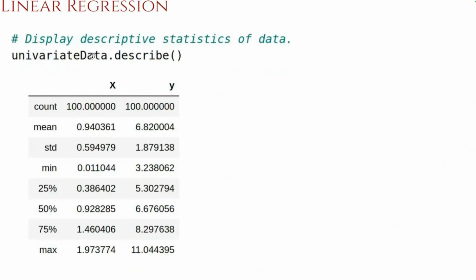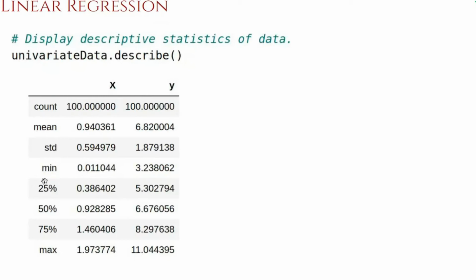Using this pandas data frame, you can also look at some descriptive statistics of the data. Out of these 100 data points, you can see the minimum value for x and y, the maximum value for x and y, the standard deviation, and the average value. In total you had 100 values.